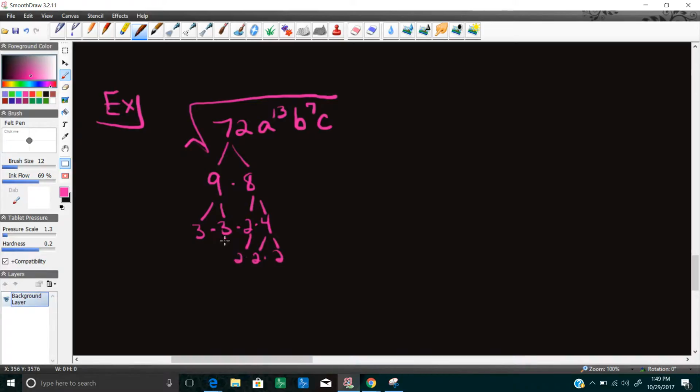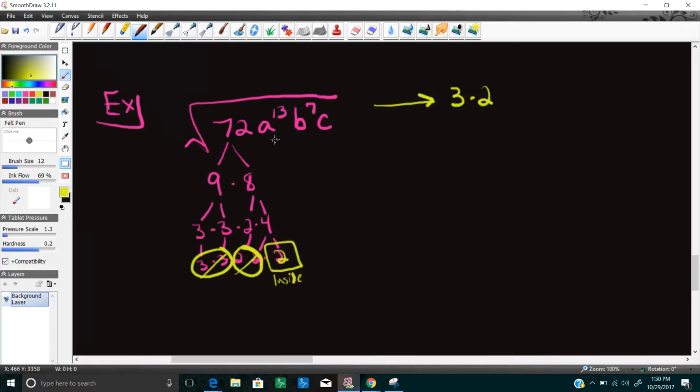Bring down the 2, bring down my 3's. And in here I have a couple of pairs. I have a pair of 3's and I have a pair of 2's. So for sure on the outside, I'm going to put everything over here. I have a 3 and I have a 2. And I have a 2 on the inside. So I know that there's going to be a 2 on the inside. Let's go ahead and just put a box around that. So this is going to be inside.